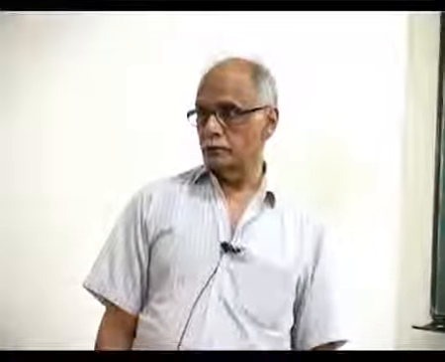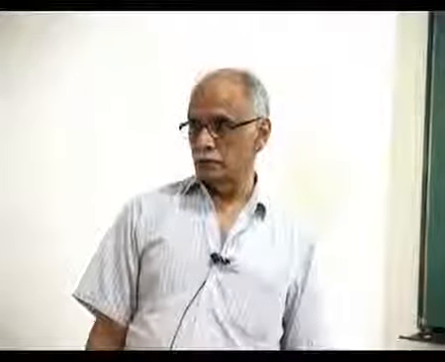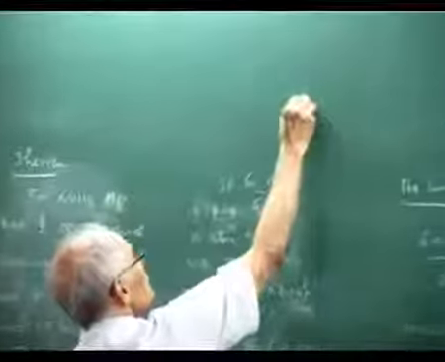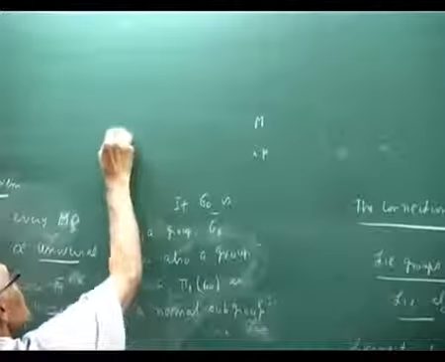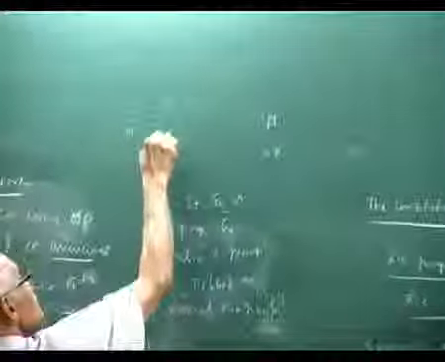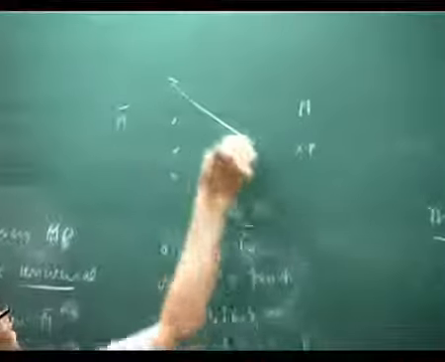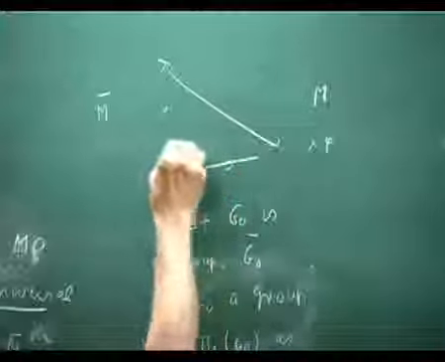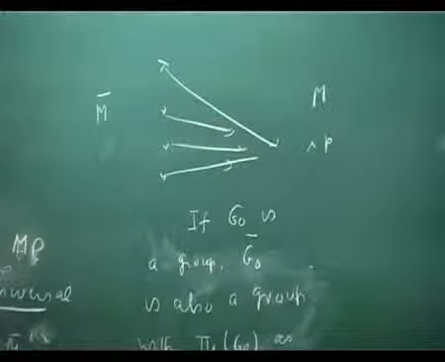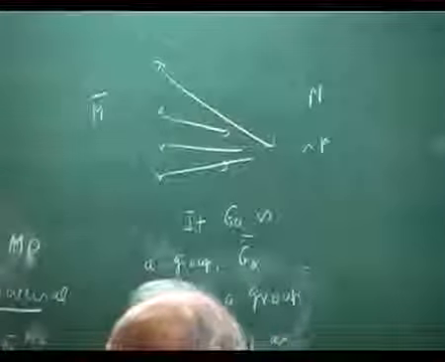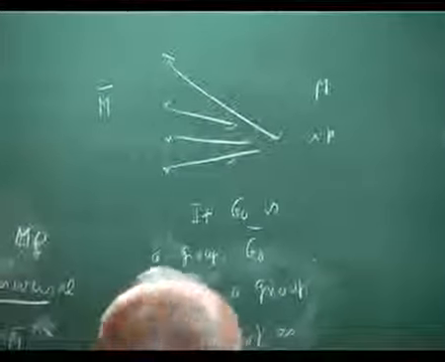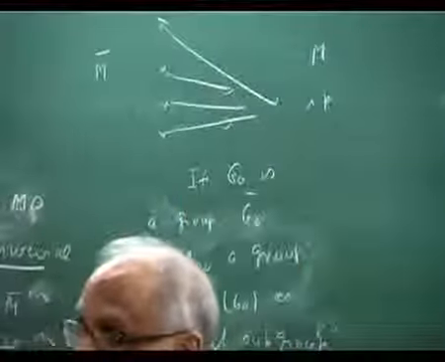So the number of points which go to a point p of m is... So you have m, you have this point p, you look at m bar, you find so many points going to p, m bar to m. This number is the dimension of the fundamental group here.